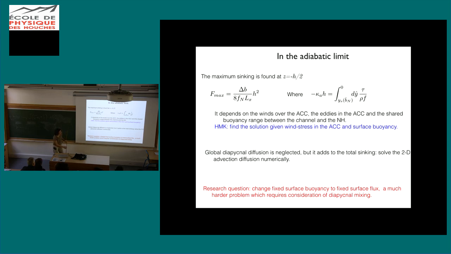Haven't tried very hard, but it's very difficult. Also because when you have fixed flux, you have to have diapycnal mixing, because if you have some flux coming in on both sides, it has to get out somewhere in the middle, right? So it's very difficult to do a purely adiabatic calculation and use flux conditions.